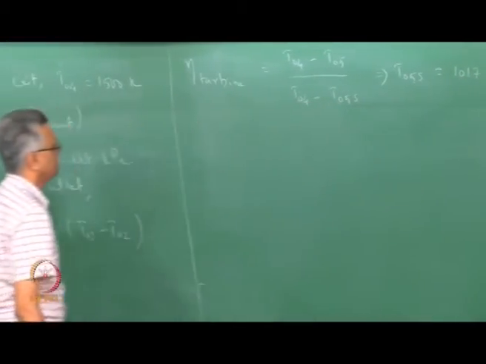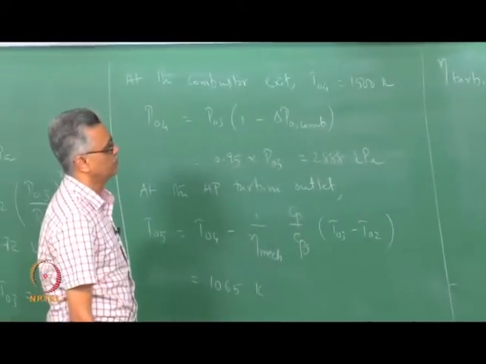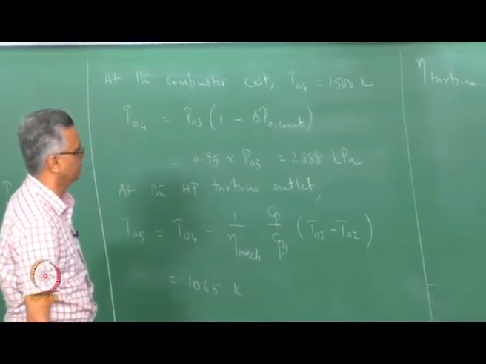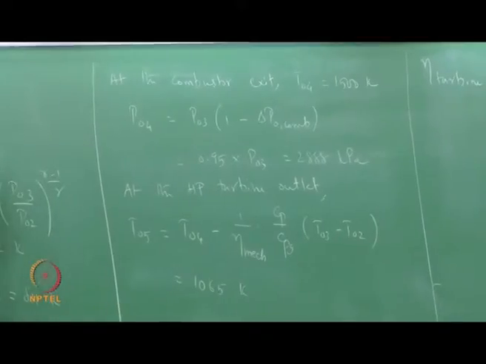That is T05s. So, once I know T05s, I can calculate P05s using the isentropic relationship.